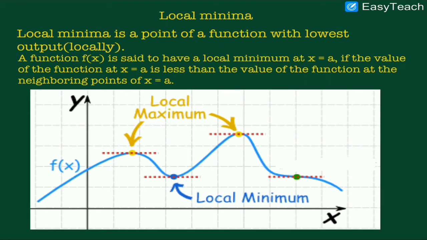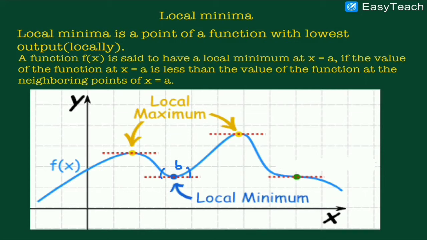Similarly, the local minima is a point of a function with lowest output locally. A function f(x) is said to have a local minimum at x equals a if the value of the function at x equals a is less than the value of the function at the neighboring points of x equals a. Now suppose this point is b.